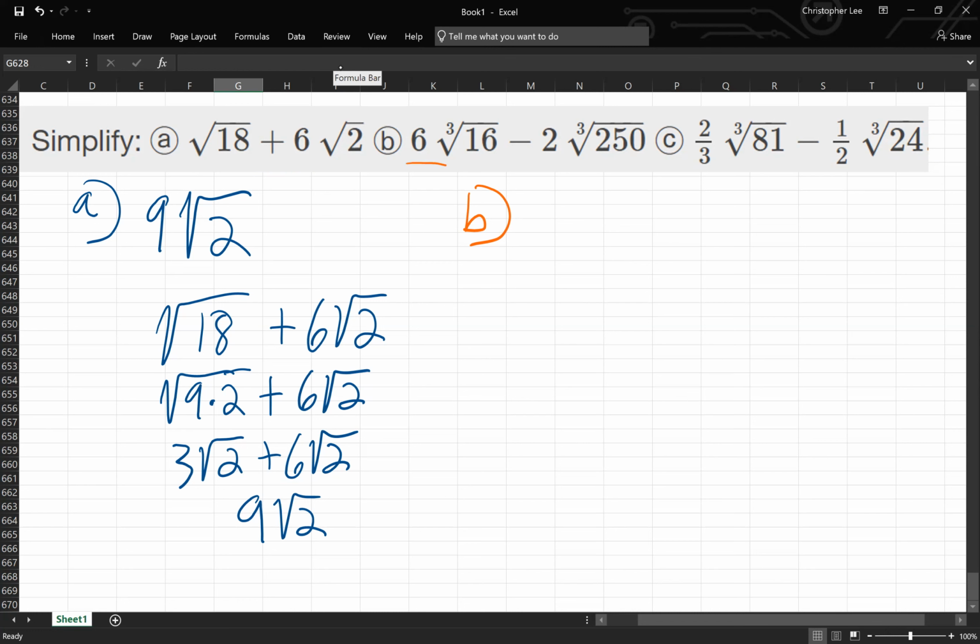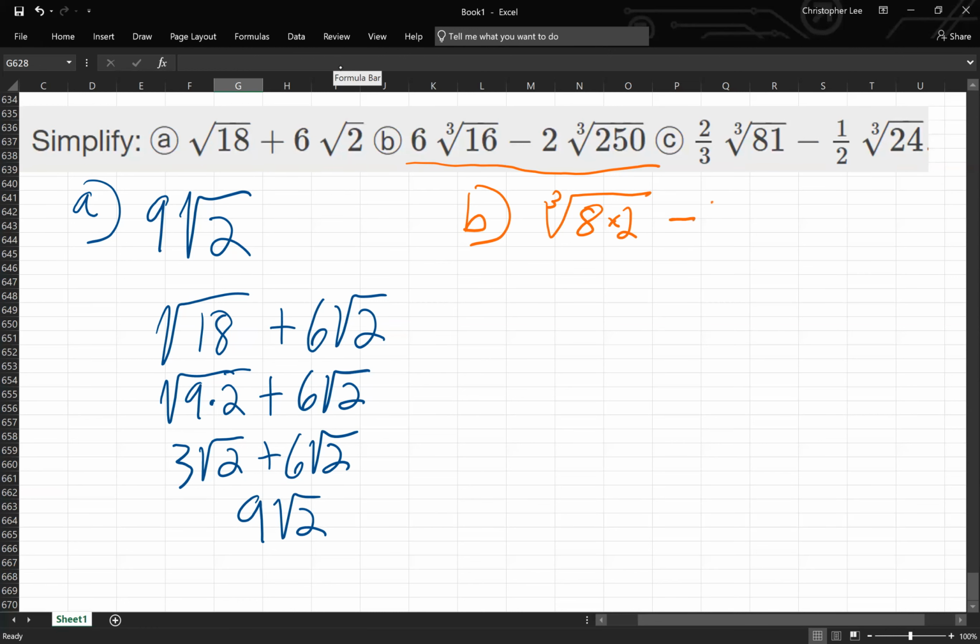All right. So for B, let's try this out, right? I have cube root of 16 minus 2 cube root of 250. Cube root of 16, I feel like is cube root of 8 times 2, something like that. Not 4.